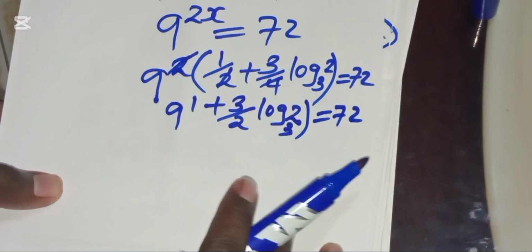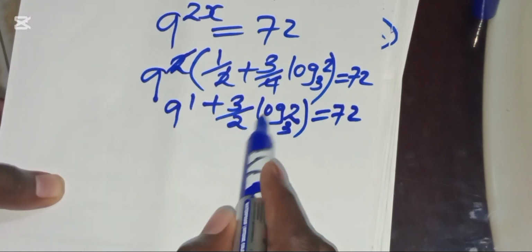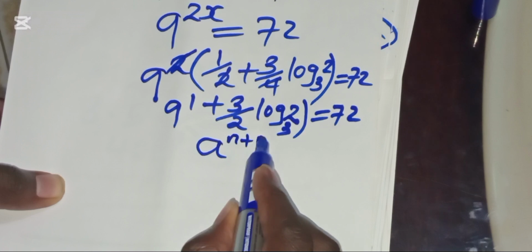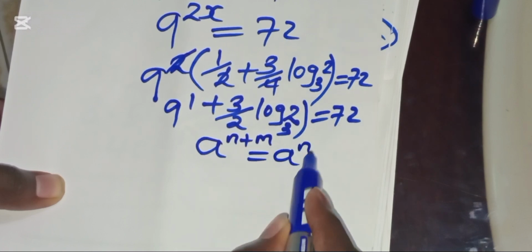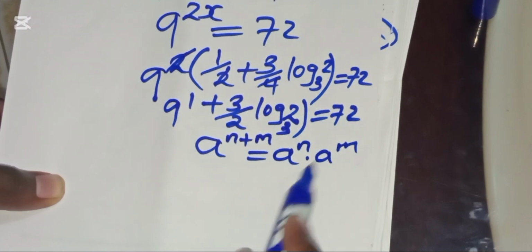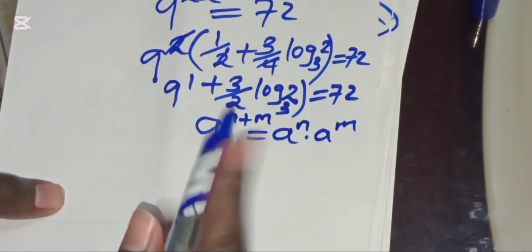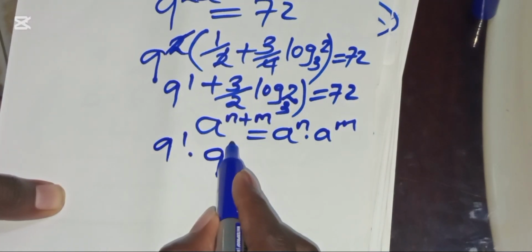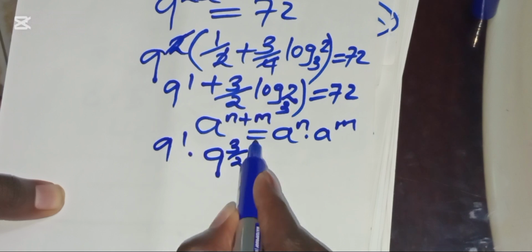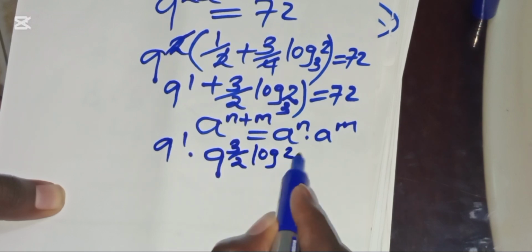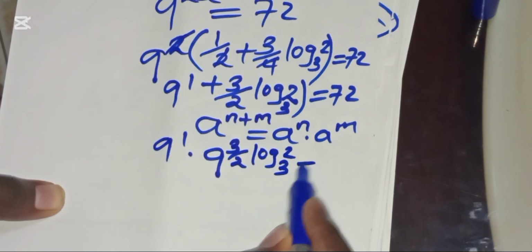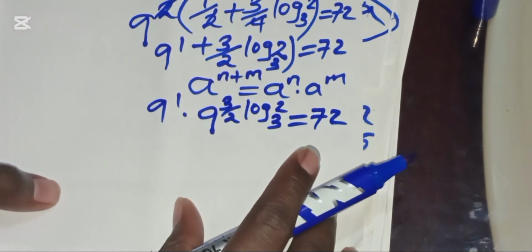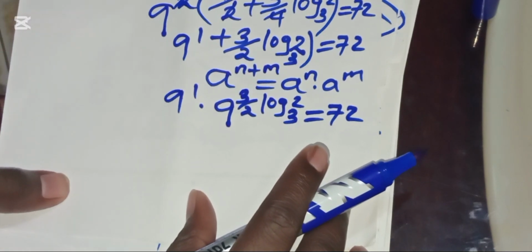Now, 9 to the power 1 plus 3 over 2 log 2 to base 3 is in the form of a to the power n plus m, which you can express as a to the power n multiplied by a to the power m. Applying this property, we'll have 9 to the power 1 multiplied by 9 raised to the power 3 over 2 log 2 to base 3, which should give us 72.